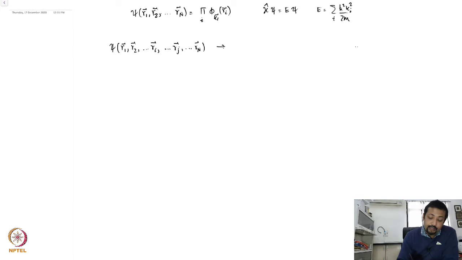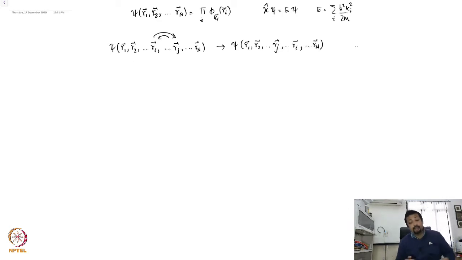Even though this is an eigenfunction of the Hamiltonian, any wave function that you get by renumbering the particle indices is also going to be an eigenfunction of the Hamiltonian. So for example, if I have ψ(R1, R2, ..., Ri, ..., Rj, ..., Rn), if I interchange i and j, this becomes ψ(R1, R2, ..., Rj, ..., Ri, ..., Rn).